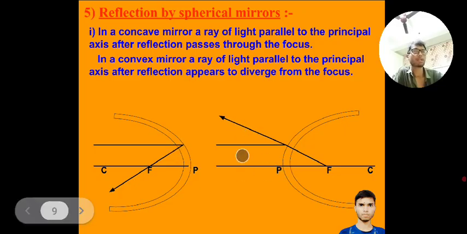In a convex mirror, this ray will come parallel to the principal axis, but it will diverge instead. Here one thing will happen which is imaginary. This is an imaginary point, from the focus till here.